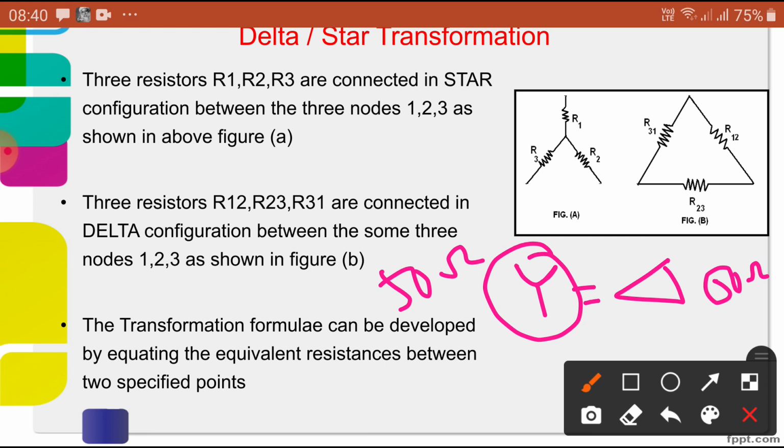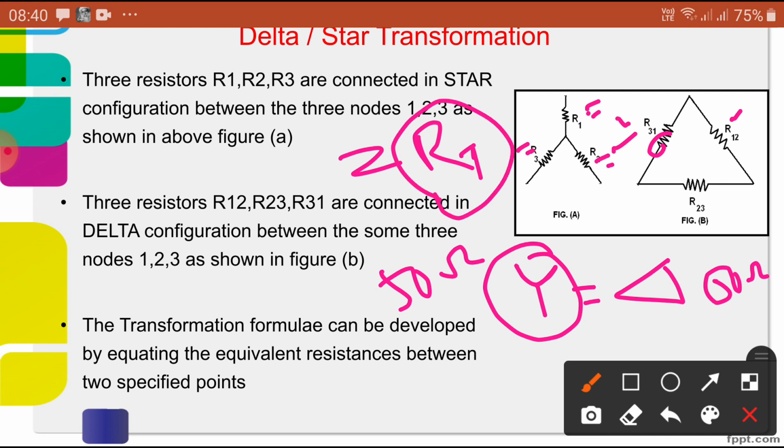For example, with 10 ohms, 20 ohms, 30 ohms, the total ohmic value is R total. If connected in another fashion, instead of 10 ohms it may be 10.5, it may be 20 or 25, and instead of 30 ohms it may be 40 ohms. But the overall ohmic value is the same, equivalent to this R total only.